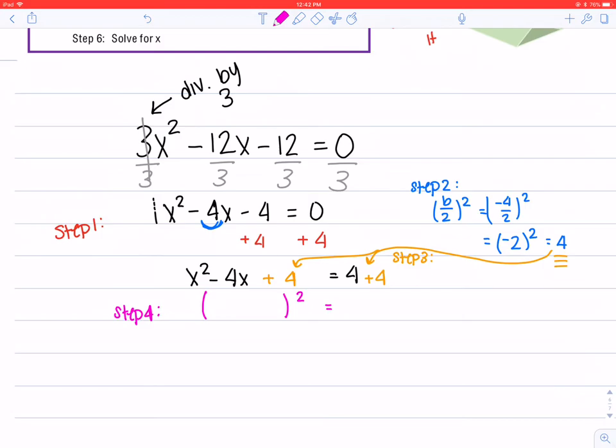Well, we wrote up at the top that it is always x and then the number before I squared it, so minus 2. Not negative 4 over 2 because that simplifies, but it's always the number before it was squared. So negative 2, and then on this side, I'm going to just add 4 plus 4 and that gives me 8.